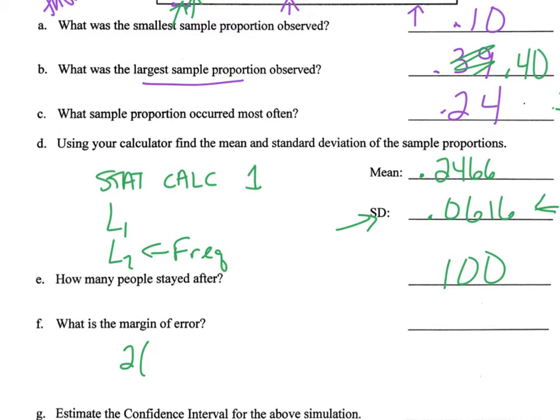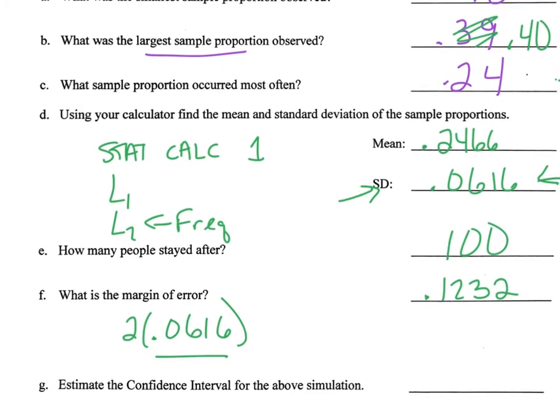So the standard deviation is 0.0616, and 2 times that would be 0.123. Since I didn't round when I did it, mine are a little bit more accurate, but if I actually doubled this, this is what I would get.